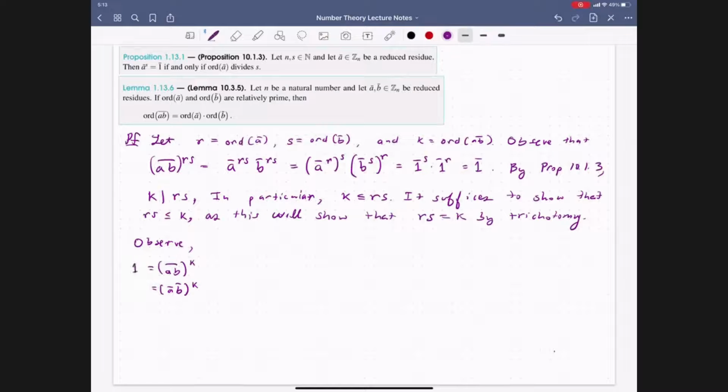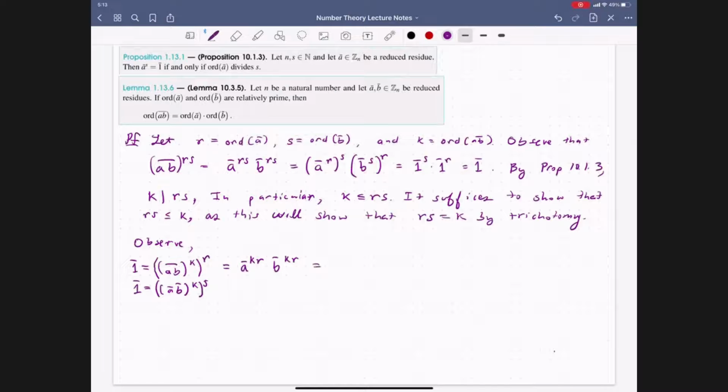So we can go ahead and say the following. I'm going to raise both sides, but the 1 bar is going to stay the same. The first one, I'm going to raise to the r. The bottom one, I'm going to raise to the s. Now this here, by exponent rules, will be a bar to the kr, b bar to the kr.